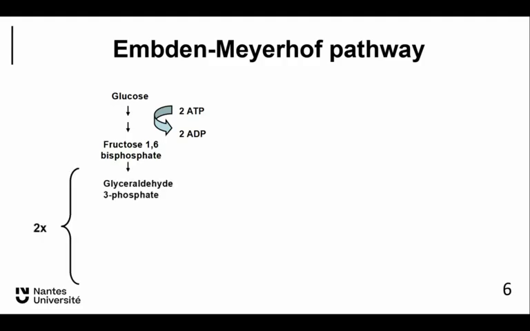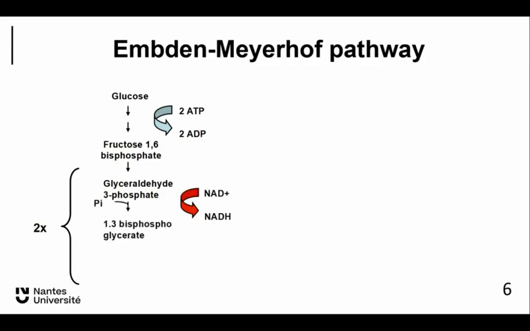Then what happens is that this fructose 1,6-biphosphate is split in 2 to give you 2 molecules of glyceraldehyde 3-phosphate. So 2 3-carbon molecules, each one with 1 phosphate group. Okay, this is 6 carbon, 2 phosphates, 3 carbon, 1 phosphate. The next step is where you get your money back, okay?